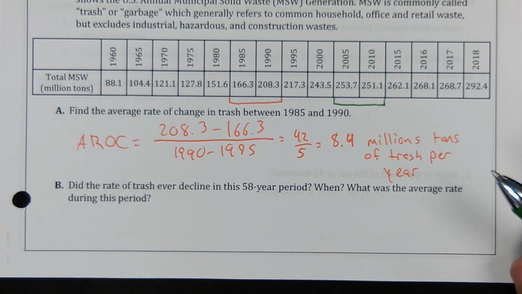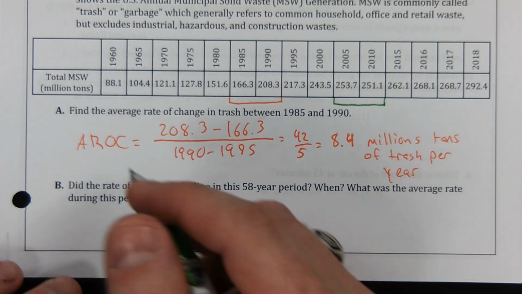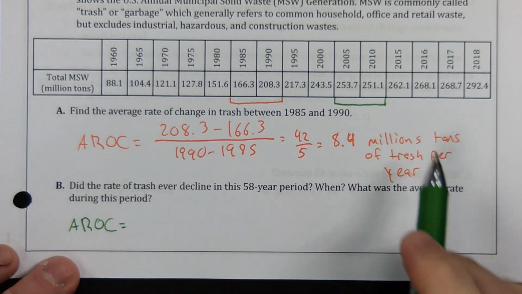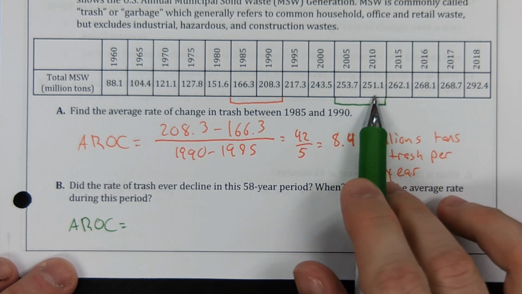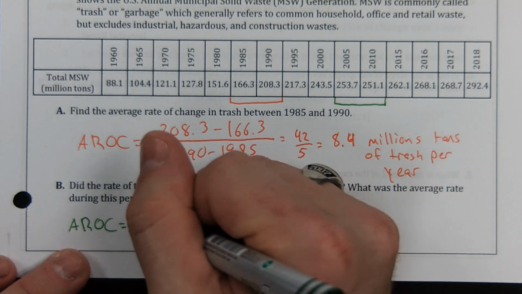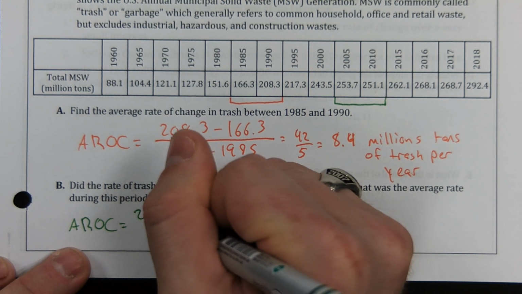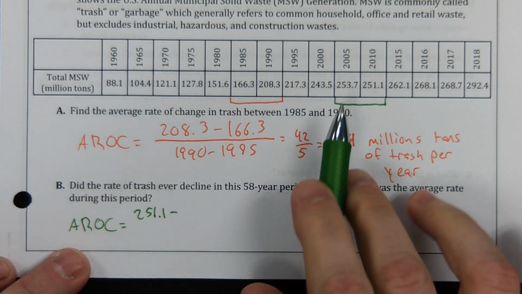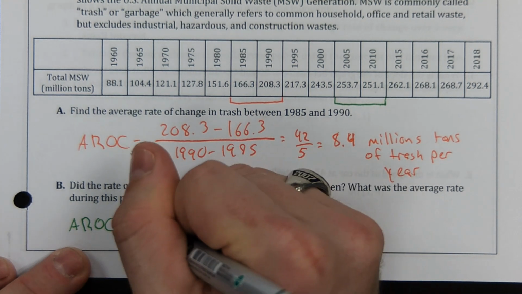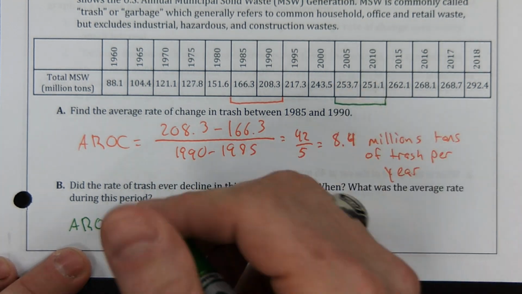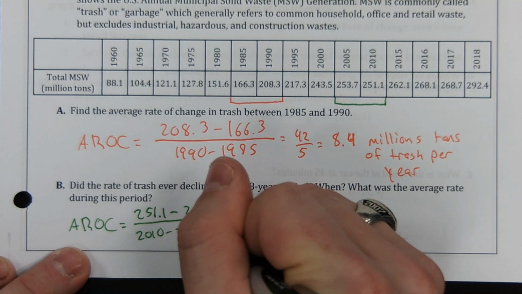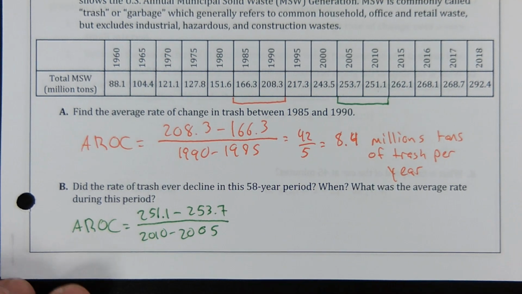And what was that rate of change during that period? These are my x values down here. These are my y values down here, so they go on the top of the fraction. So 251.1 minus 253.7 over 2010 minus 2005. Almost wrote 2050 by accident.